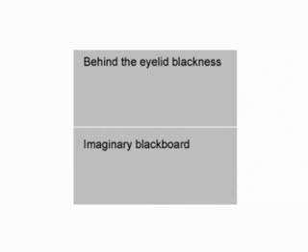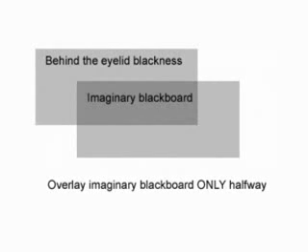Pretend that the rectangular blackness is a blackboard that you can write on. Then pretend there is also an imaginary blackboard of the same size that's outside your field of view and is directly below the visible blackness. Now slide the imaginary blackboard up so that it is partially in the area you can see and partially in the area you cannot see. This will cause the blackboards to be halfway overlaid on each other.